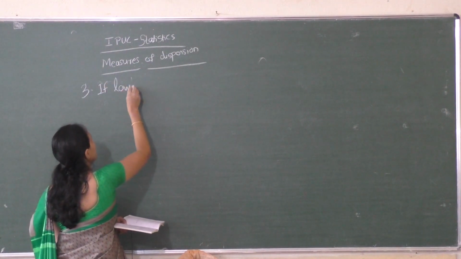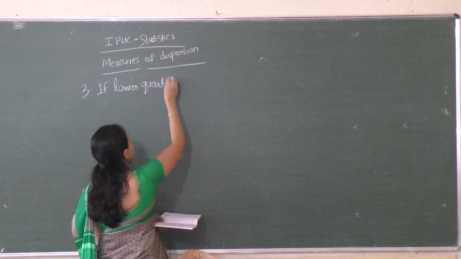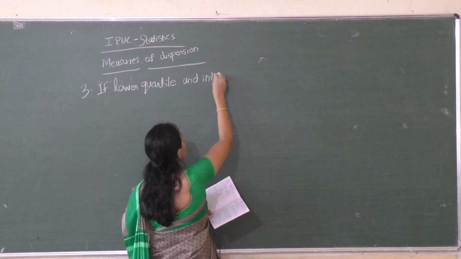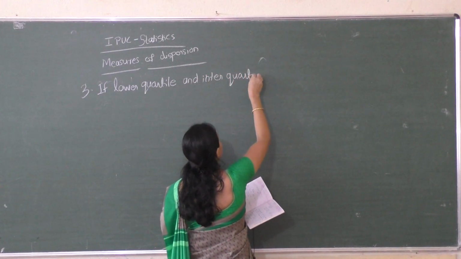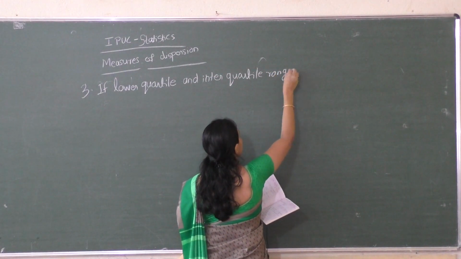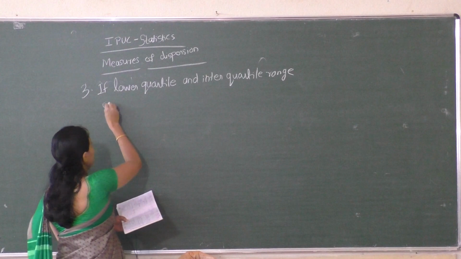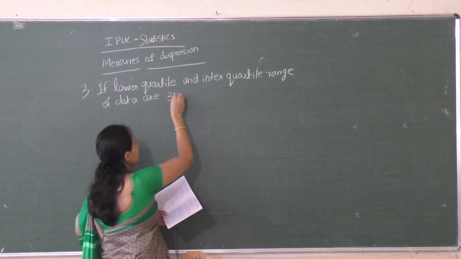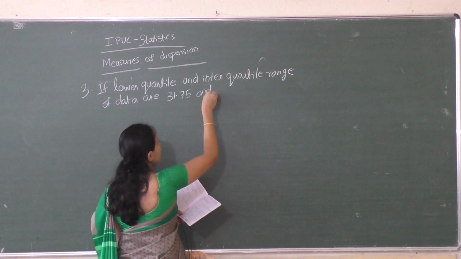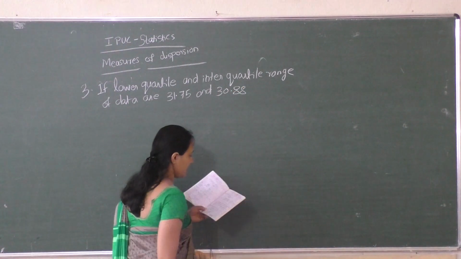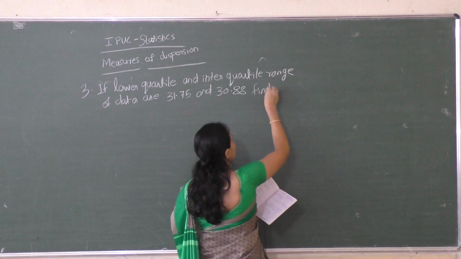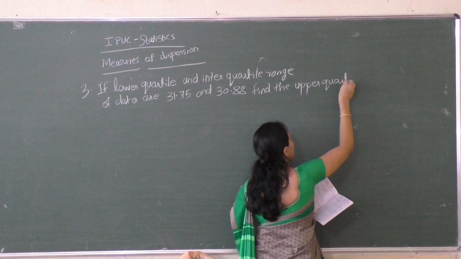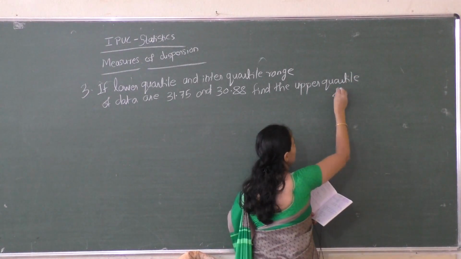The lower quartile and interquartile range of the data are 31.75 and 30.88. Find the upper quartile and QD.